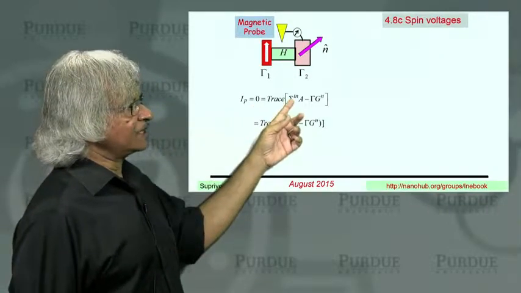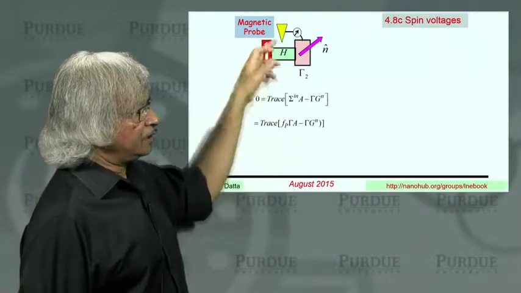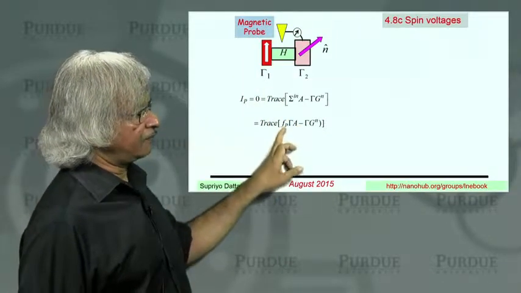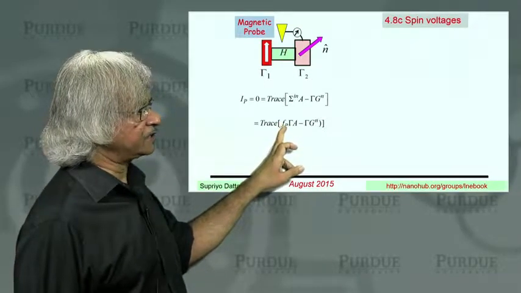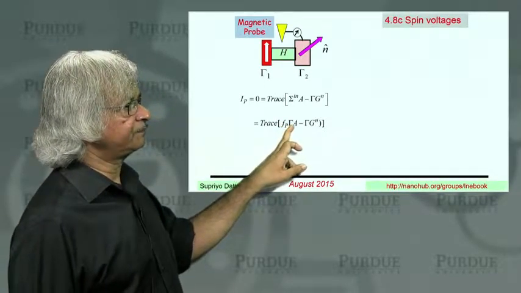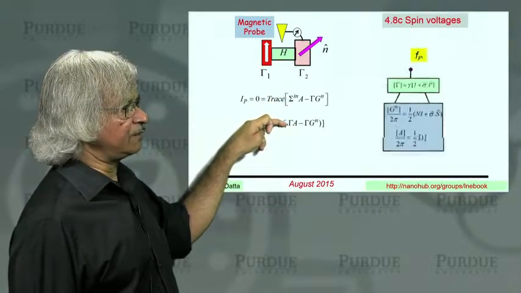And what is Sigma-in? If this probe has an occupation function f, then it is Fp times the Gamma. So Sigma-in I've replaced with Fp times Gamma.